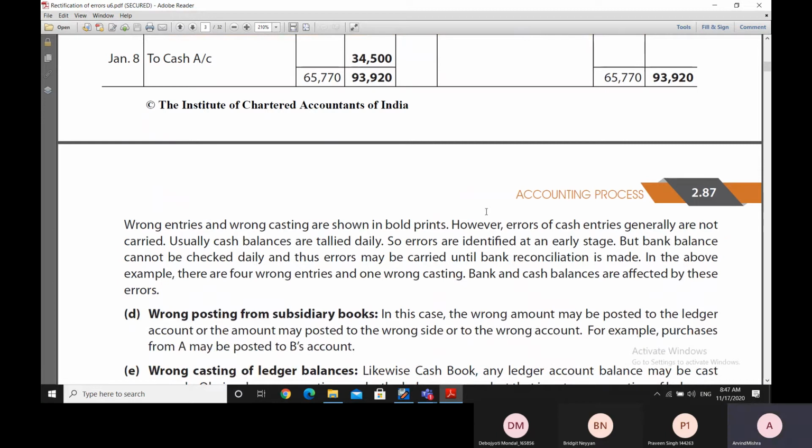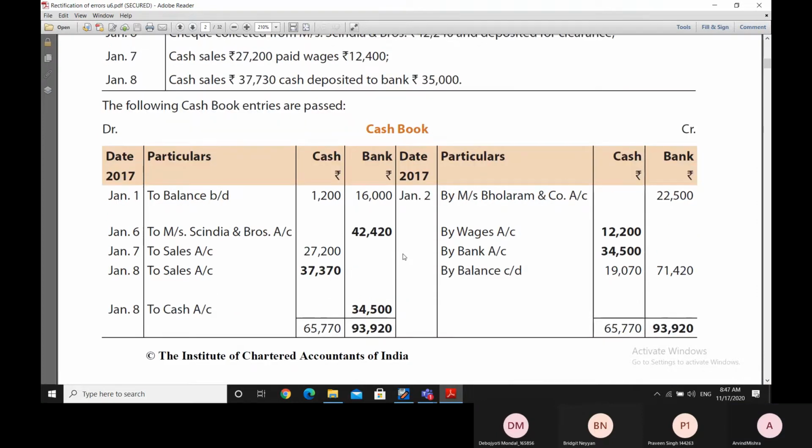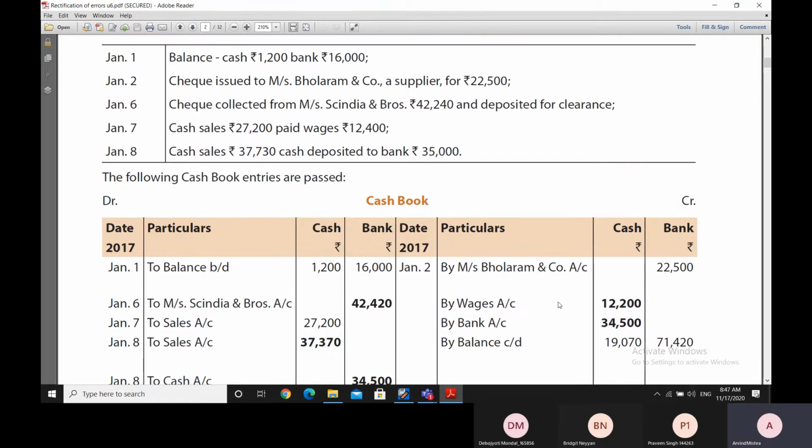So we can see here that the totals of the cash column as well as the bank column are the same on both sides. But yet you are seeing that there are lots of errors in recording the transactions.